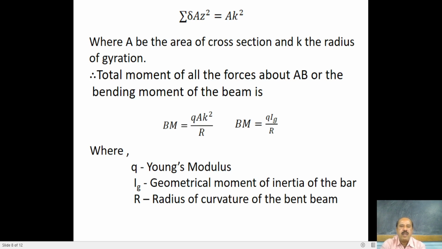Therefore, the total moment of all these forces, the bending moment of the beam, is given by BM equal to Q A K squared divided by R.